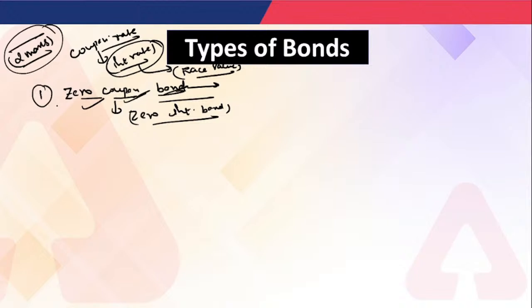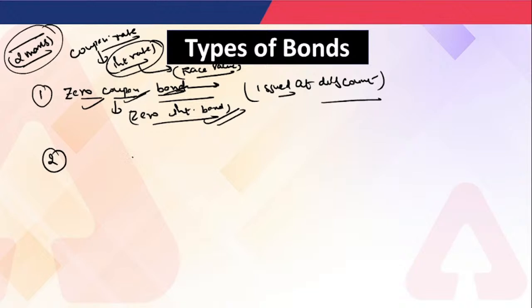So zero coupon bond means zero interest bond, which does not provide you any kind of interest. Instead, it will be issued at a discount. That is a very important thing to understand.